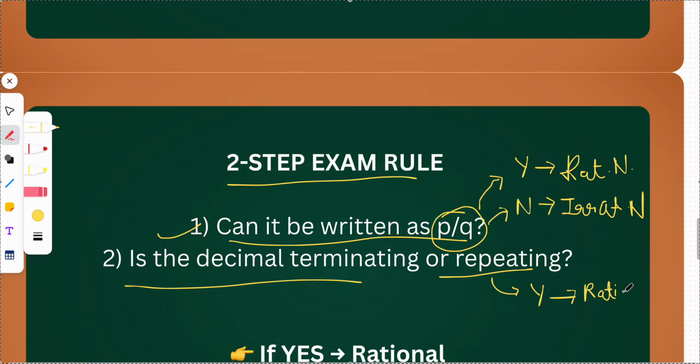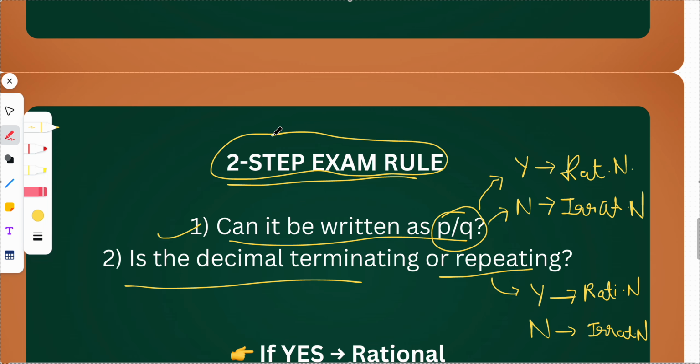If it says no, it is neither repeating nor terminating, non-terminating and non-repeating, then you will answer that it is an irrational number. As simple as that. This is the two-step examination rule technique which you will be using, and then it will be very easy to solve the questions.